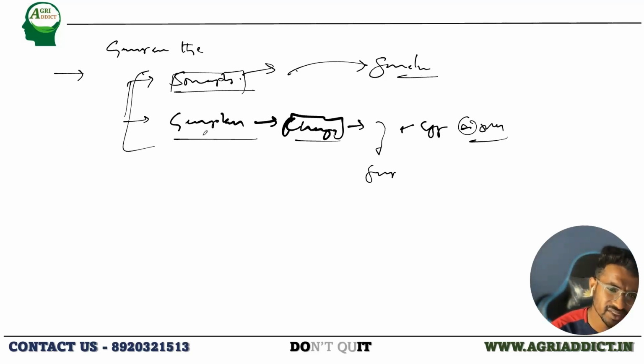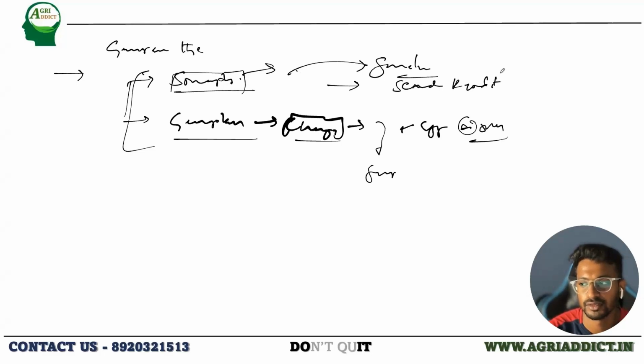So what is the difference between somatoplasm and germplasm? If anyone can answer me. Somatoplasm tissues do not have any influence on reproduction, on sexual reproduction. They do not contribute to sexual reproduction.